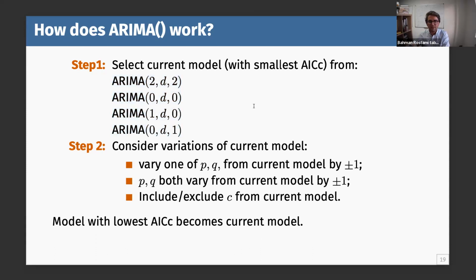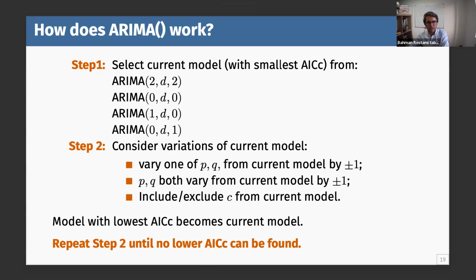And then we consider variations of the best model we selected by changing P and Q, so +1, -1, and in different directions, and also including or excluding C. When we do these changes, again, we look at the AICC and see which one has the lowest AICC. That becomes the current model, the base to go and search for other possibilities. And we repeat this until we find the lowest AICC.